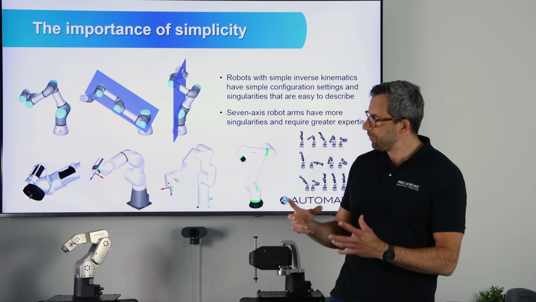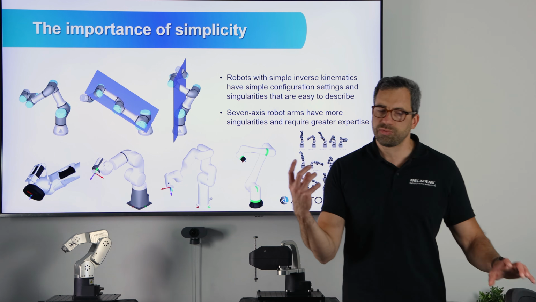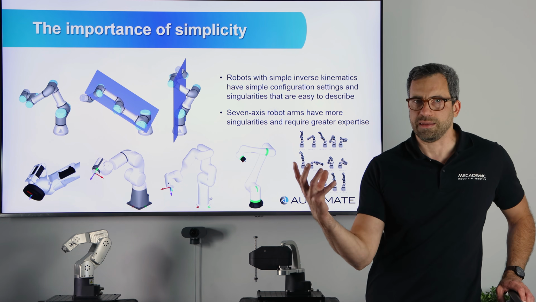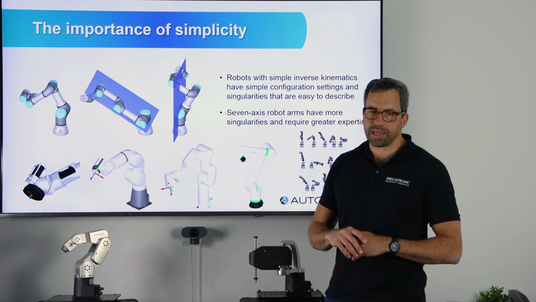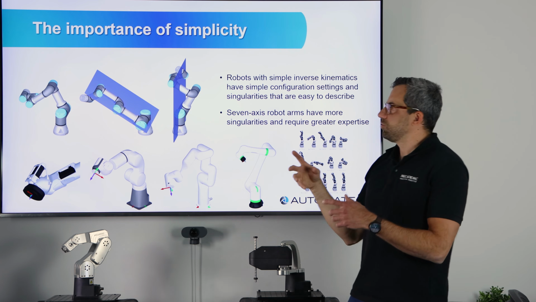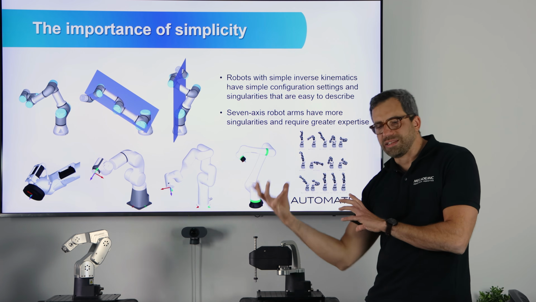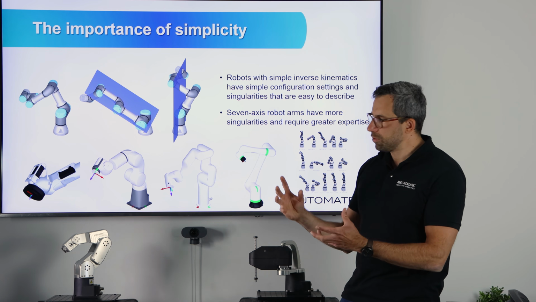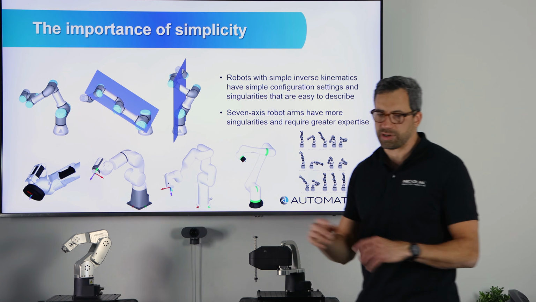They're different from the singularities of this type of robot, but they're also very simple to explain. I have a paper on this, and on the Mecademic website tutorial we explain the configurations. So they're very similar. It's not symmetric, but it's simple to know: okay, this is a singularity, this is flip, no flip, etc.